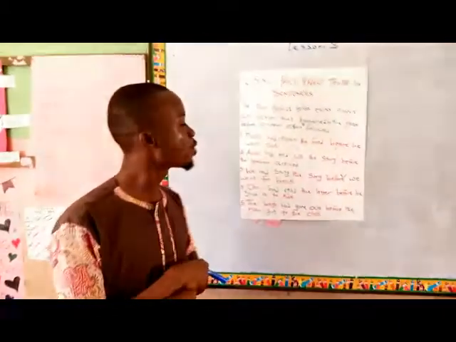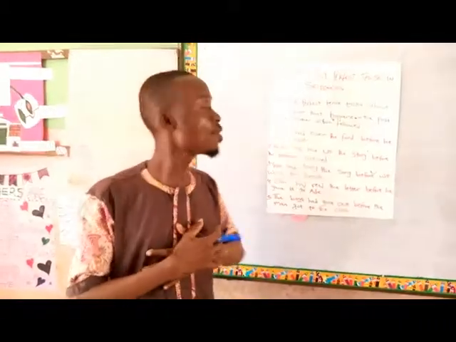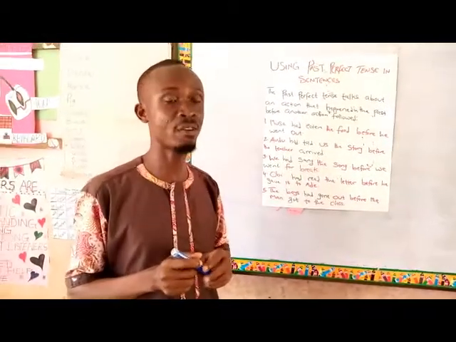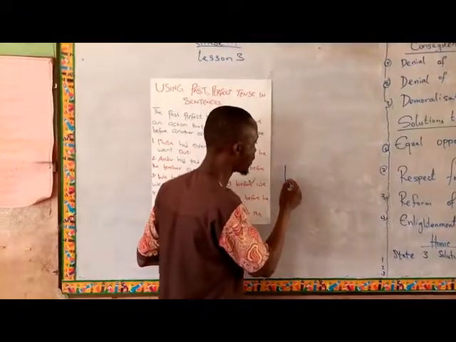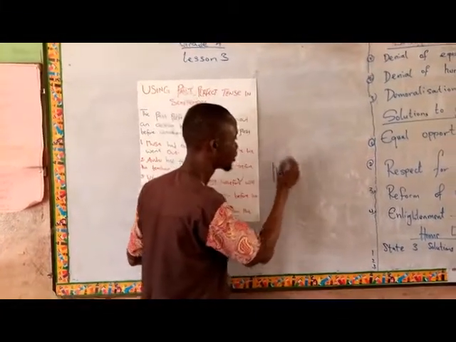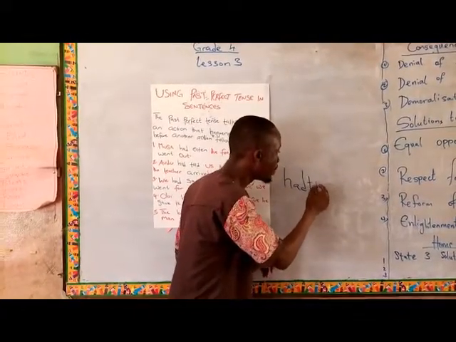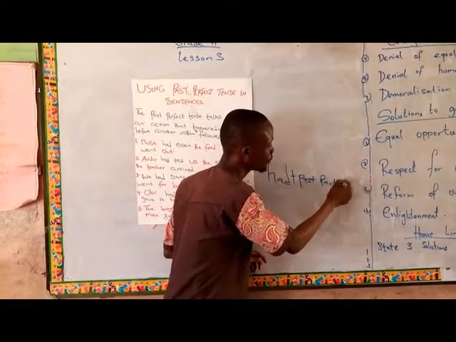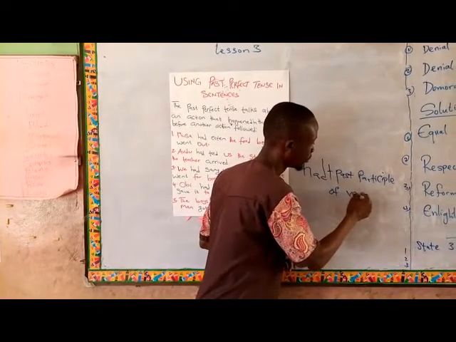Yes, just as we said we have words that form our present perfect tense, so also we have words that we use to form our past perfect tense. And this is just what you need to form your past perfect tense, the word had and the past participle of a verb.